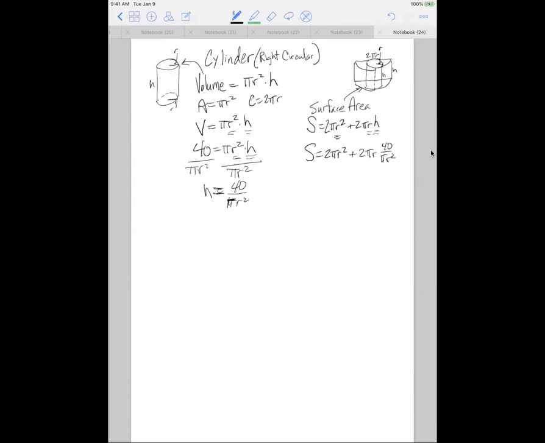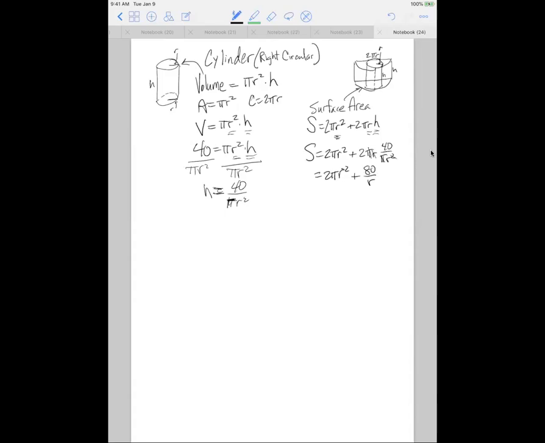And as a result, we can simplify that a little bit. So we end up with 2 pi r squared. Looks like the pi's cancel, and one of the r's is going to cancel. That leaves us with 2 times 40 over r, which is equal to 80 over r.